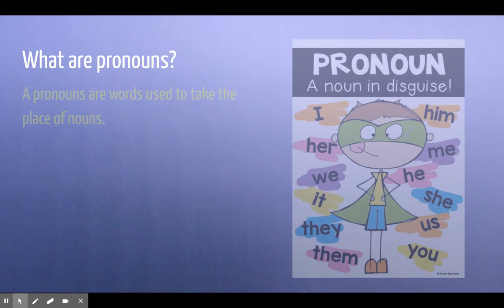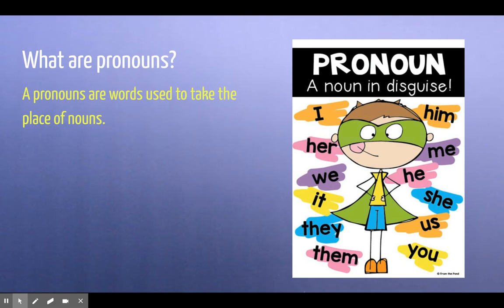So, like I said, what are pronouns? We've talked about them before. You should have said that pronouns are words used to take the place of nouns. So this little poster says pronouns, a noun in disguise.